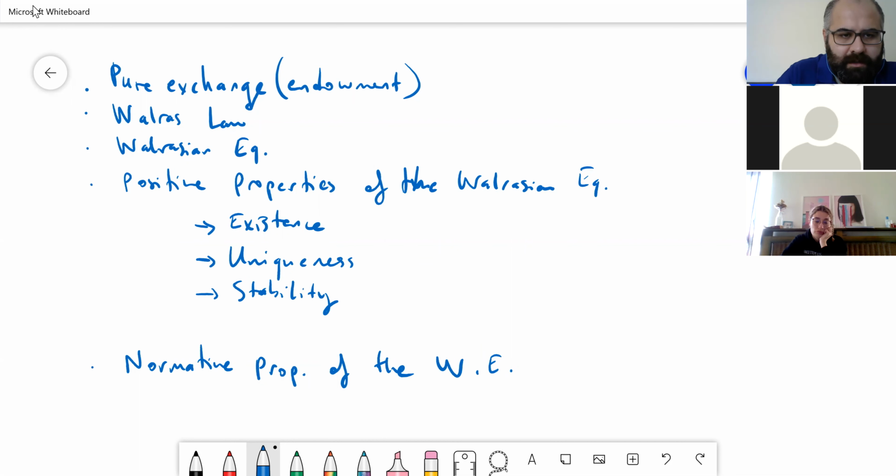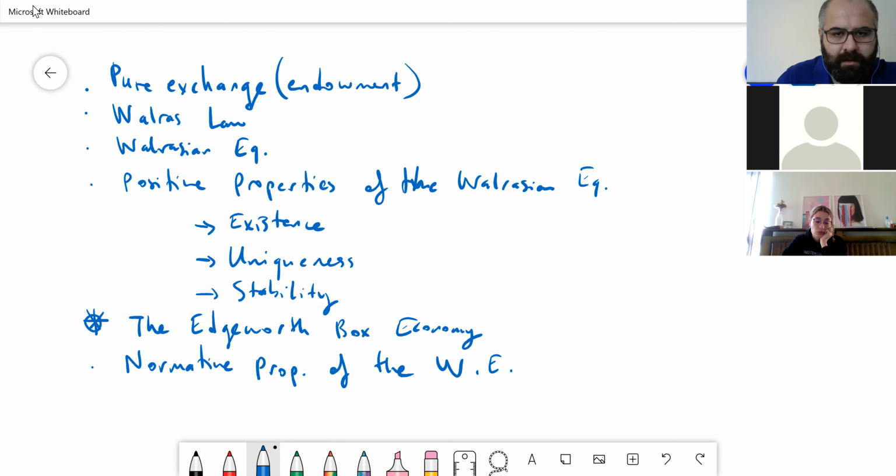But before that, I want to show you the Edgeworth box economy. Because if we understand the Edgeworth box economy, it will be much easier to understand the normative properties, because we're going to discuss the welfare theorems by using the Edgeworth box.